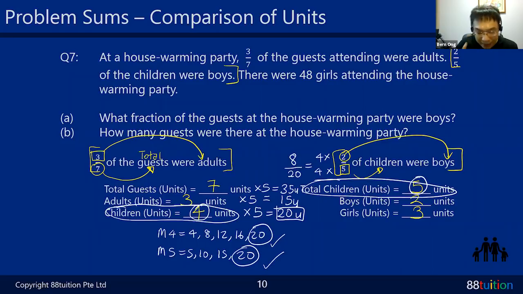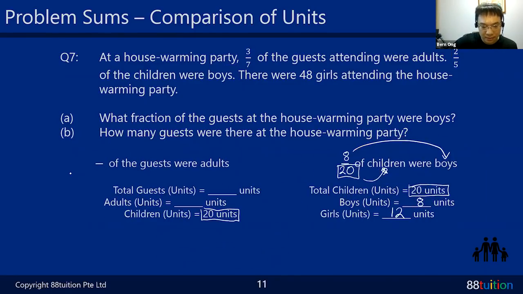So in terms of presentation, you can write 15 over 35 of the guests were adults. Equivalent fraction also: 15 over 35 is the same as 3 over 7. 3 times 5, 7 times 5. Whatever you do to the numerator, you do to the denominator.